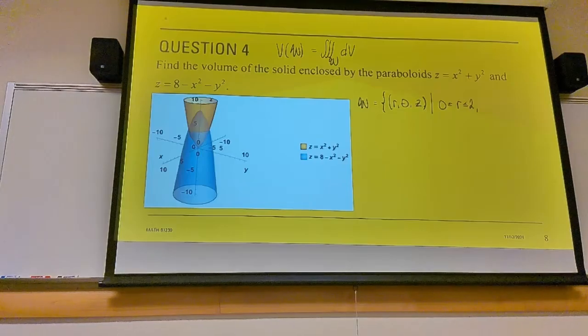And z is from r, or no, it's gonna be r squared, from r squared to 8 minus r squared. I'm trying to do that with math.